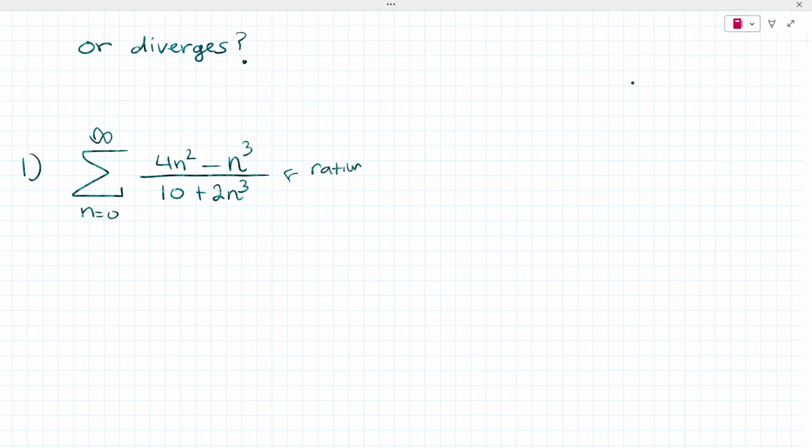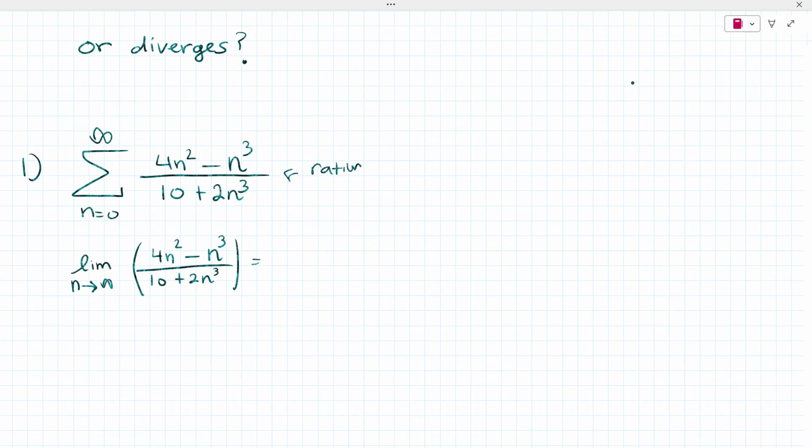So it's going to be the limit as n approaches infinity of 4n squared minus n cubed over 10 plus 2n cubed. Pick the highest term on the numerator.